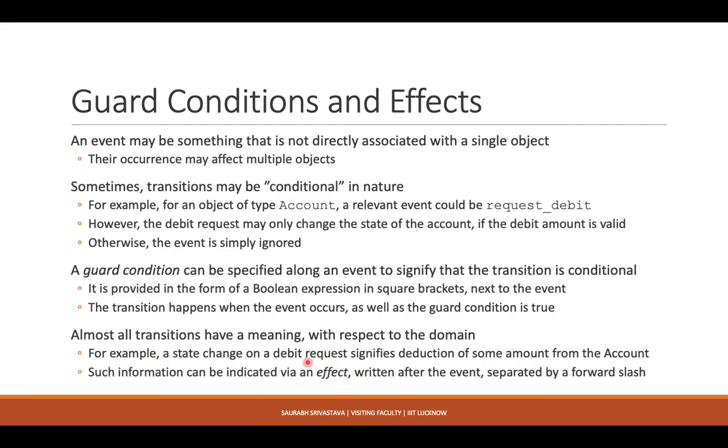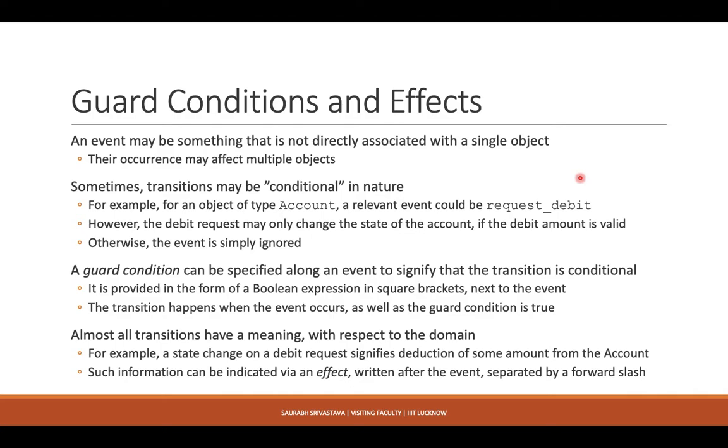Another aspect of the state diagram is the concept of an effect. Whenever a state transition happens in the real world, the domain might have a description for it. For instance, if the debit request was accepted, and thus the state of the account object changed, there is a description for this particular transition. The description could be, account debited with amount xyz.